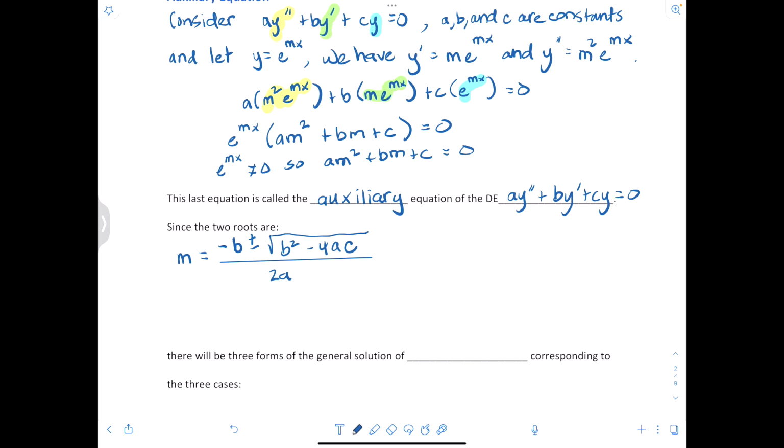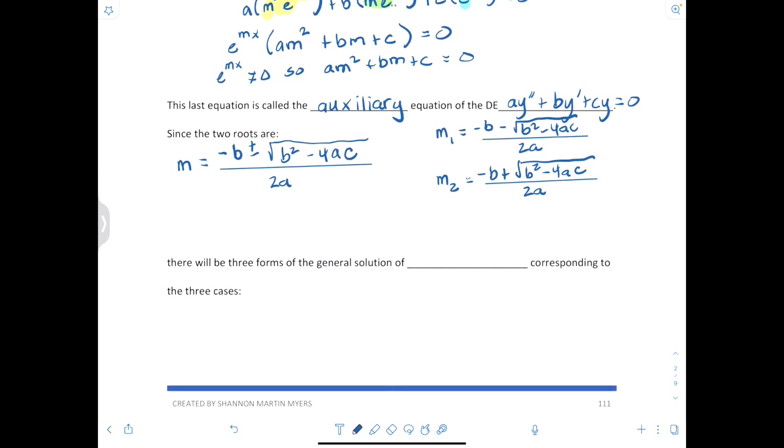Rewriting as two different roots, we would get m1 could be called negative b minus the square root of b squared minus 4ac all over 2a. And then m2 could be the opposite of b plus the square root of b squared minus 4 times a times c all over 2 times a.